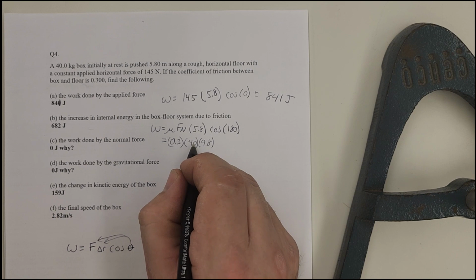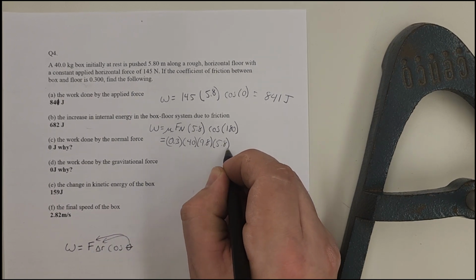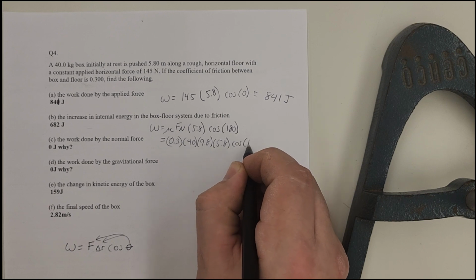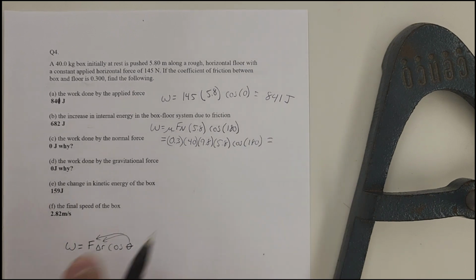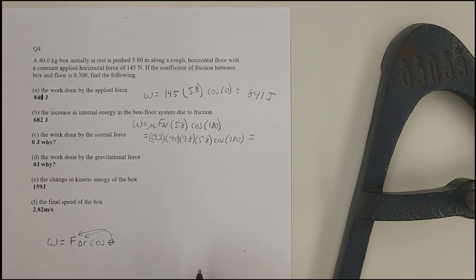So that's our Fn. Distance here would be 5.8, the distance we traveled, and the cosine of 180 degrees. So now we just plug that in. We'll have 0.3 times 40 times 9.8 times 5.8 times the cosine of 180, which is a -1.